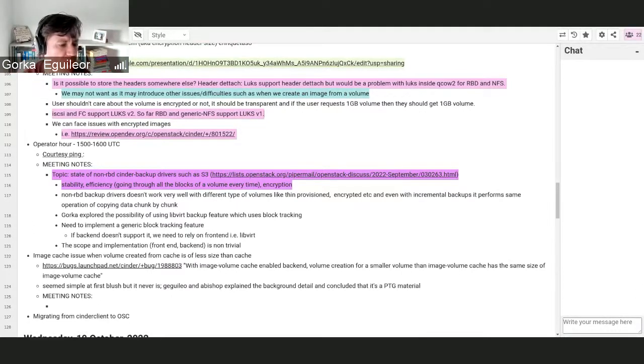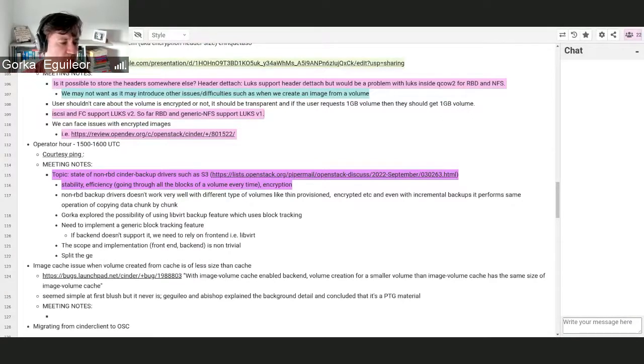But still, we need the general approach, and maybe we could even split the feature in two and only work on the backend feature first, which is probably easier, but it would need to be generic, even if there's currently only one implementation.